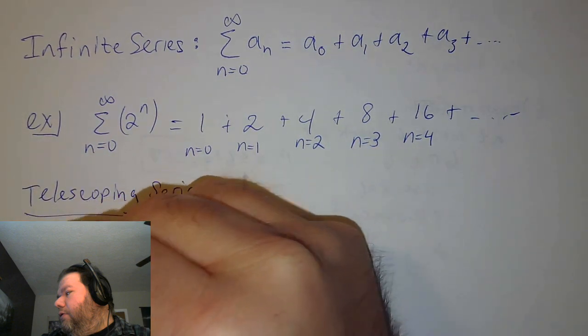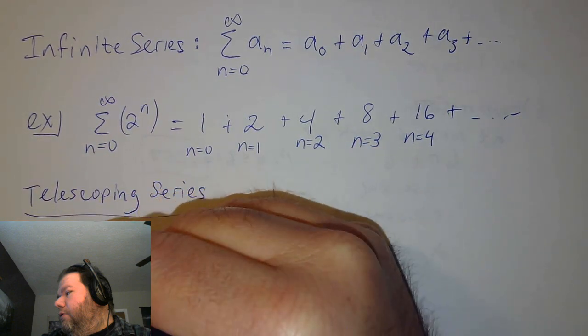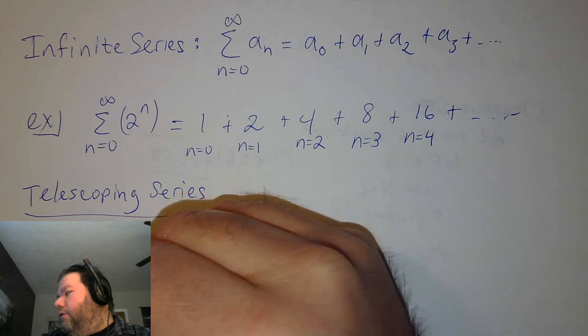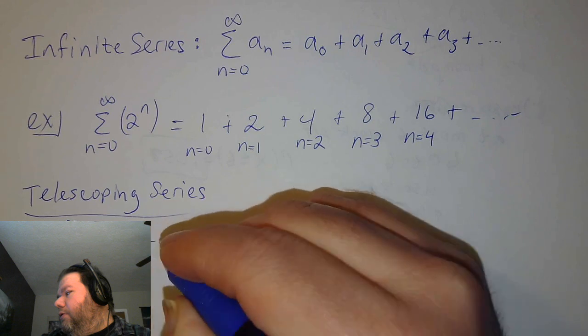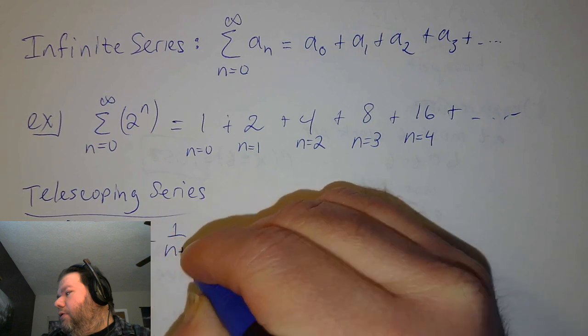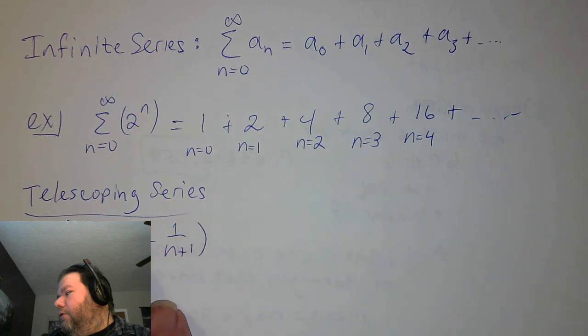And that would be something like this. Sum n equals, and we'll start at 1 this time, of 1 over n minus 1 over n plus 1. And the reason we start at 1 is because if we actually plugged in 0, 1 over 0 is undefined. So we cannot include n equals 0 as part of the series because it results in an undefined value.